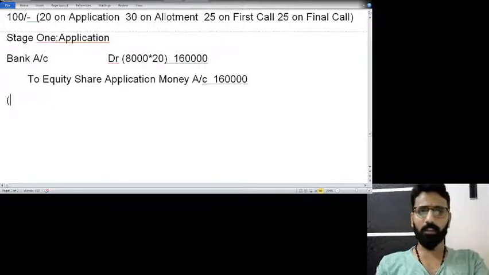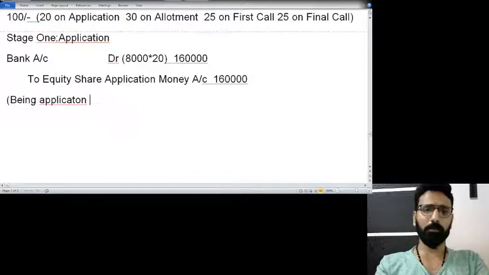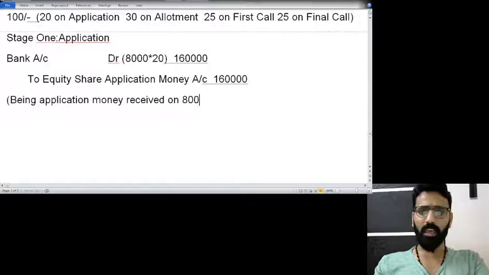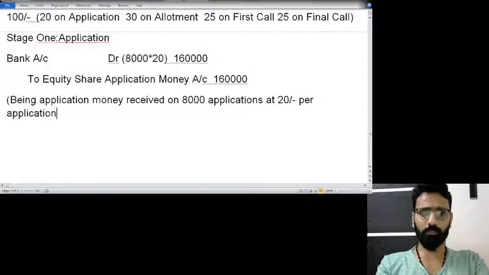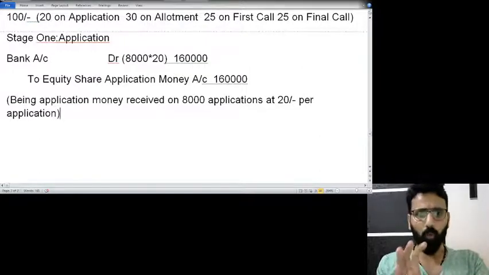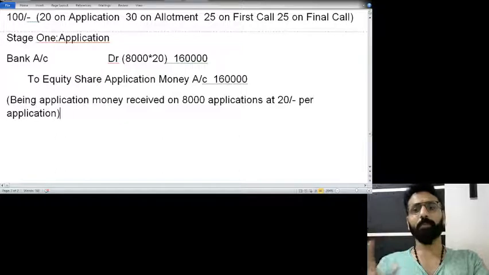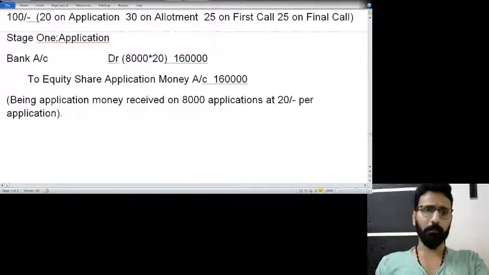We write a narration like this: being application money received on 8,000 applications at 20 rupees per application. The quantum of shares and the price both are posted here. So bank to equity share application money.